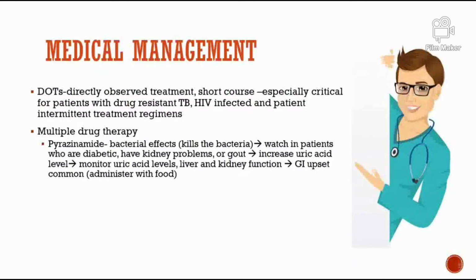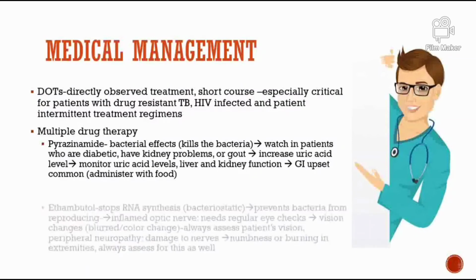And the nursing management would be to watch patients who are diabetic, have kidney problems or gout, then monitor uric acid levels, liver and kidney function, and also monitor GI upset, which is common, and advise the patient that it will be administered with food.